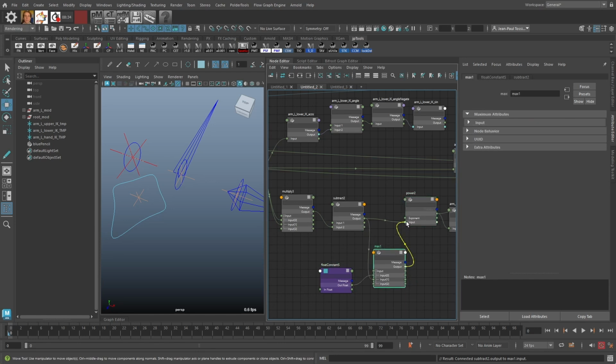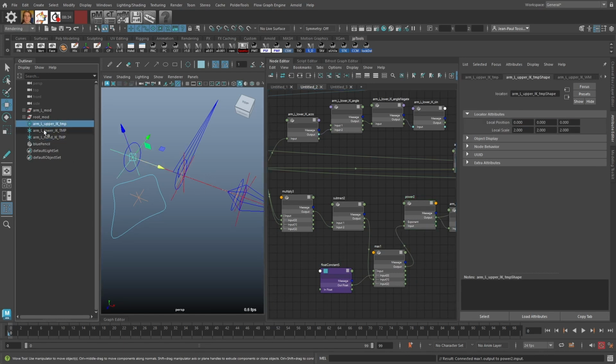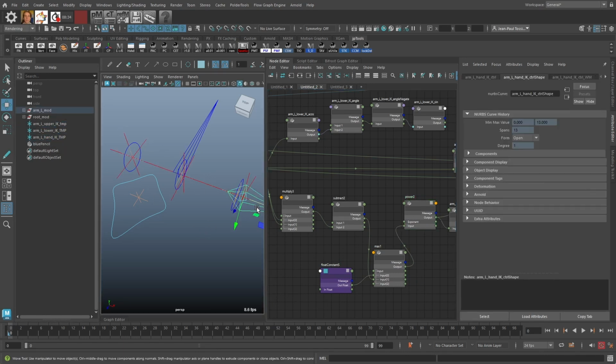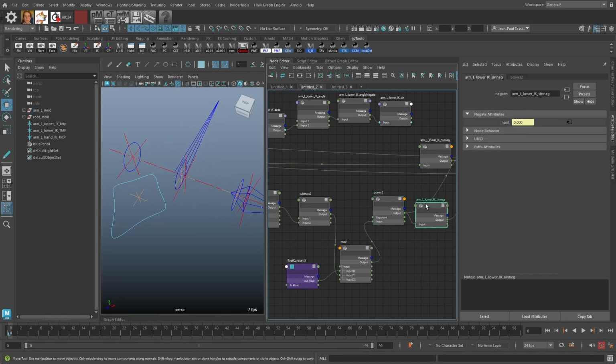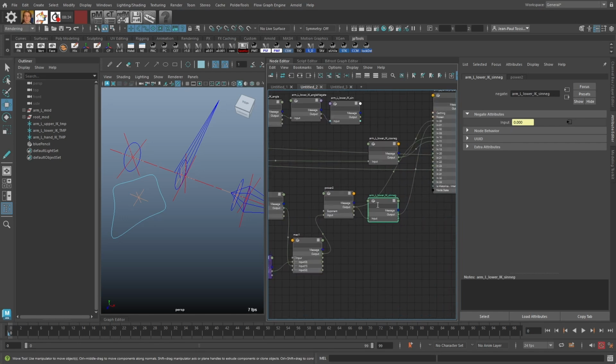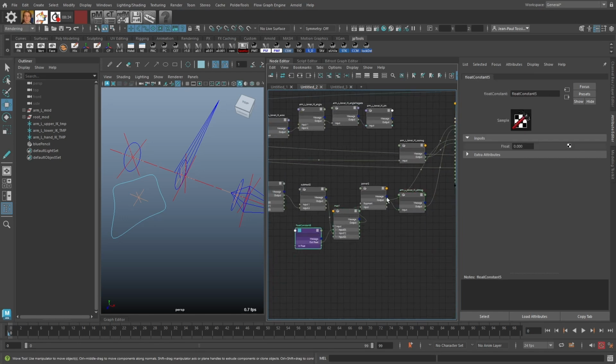If we plug that into the square root node and select the locators to make them visible again, and now manipulate our IK handle, they still stay visible, and we do not have the not a number value anymore. So we fixed that in the same way we did before.